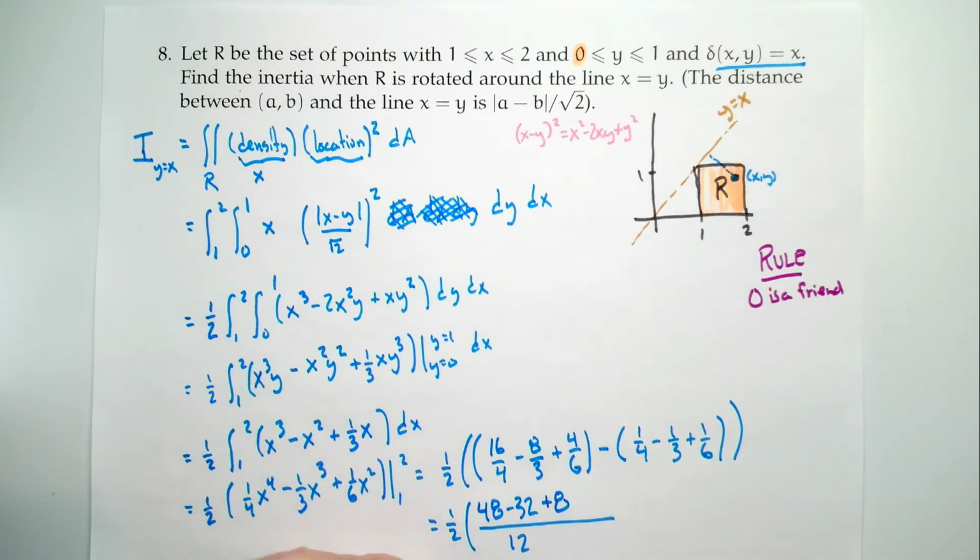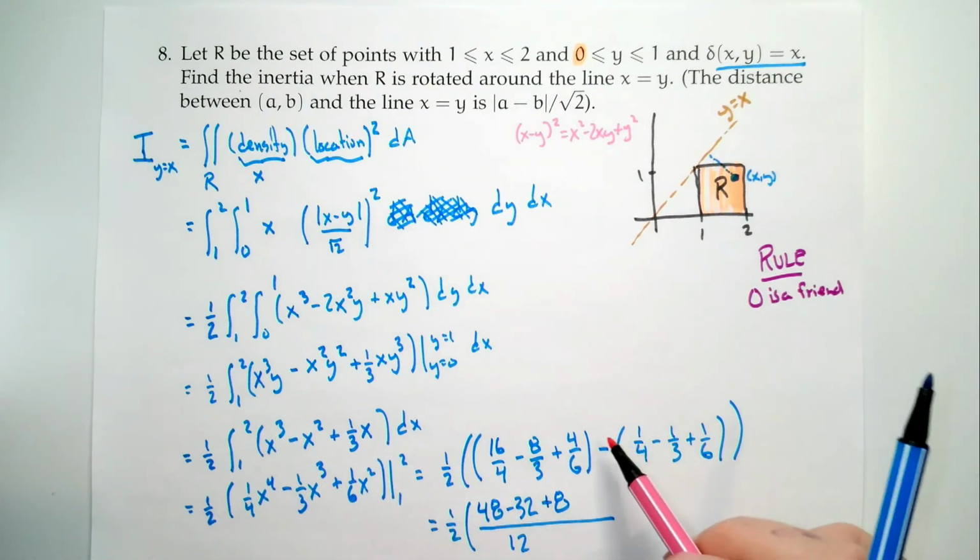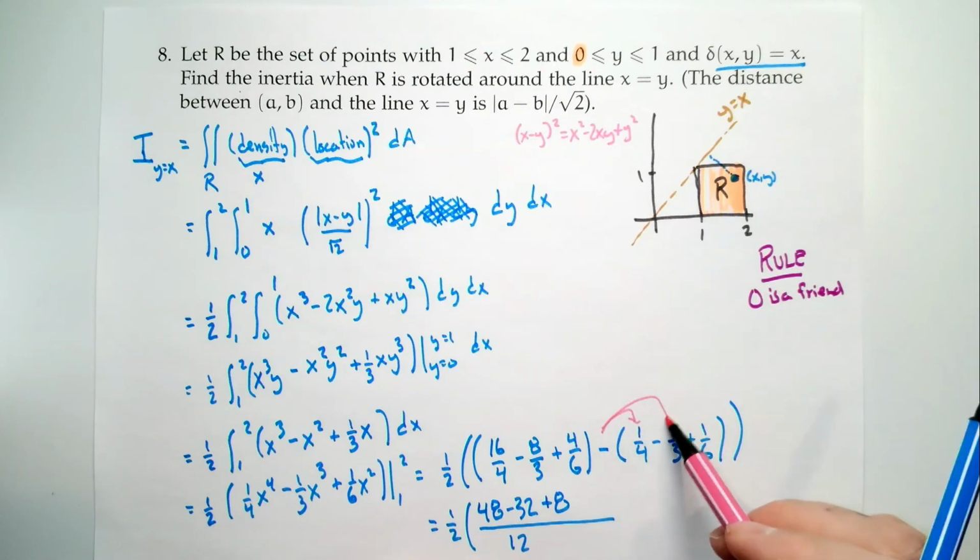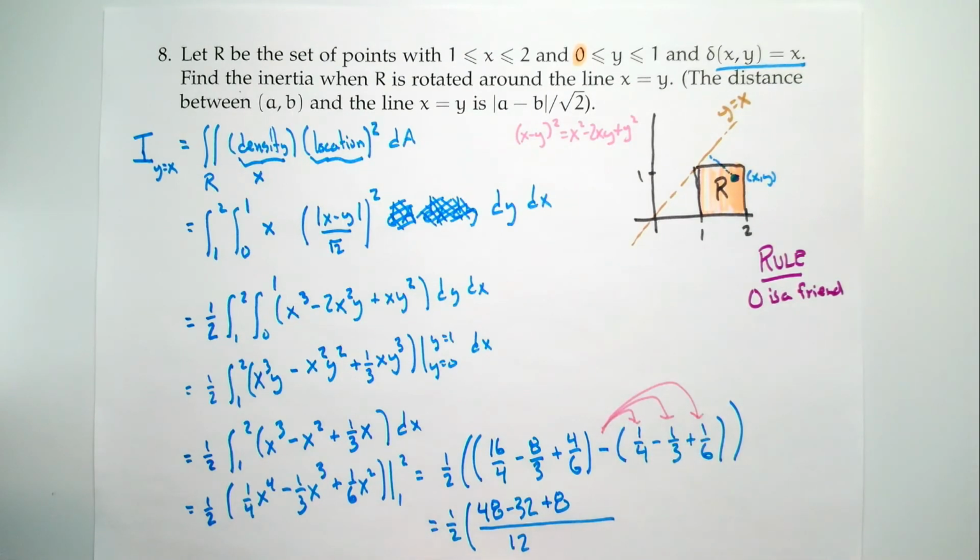Now here's where you got to be careful. This is why parentheses are your friends, because that minus goes all the way through. So don't forget about that minus. So the 1/4 becomes 3/12, but it's going to be subtracted. The minus 1/3, minus minus makes it a plus. That'll be 4/12. Then minus 1/6 becomes minus 2/12.